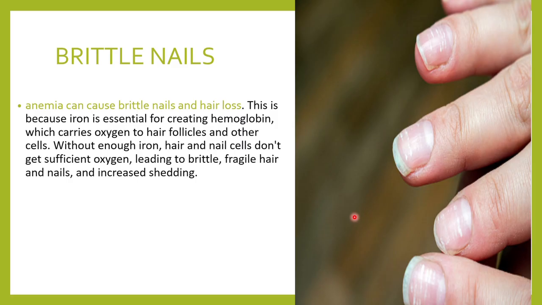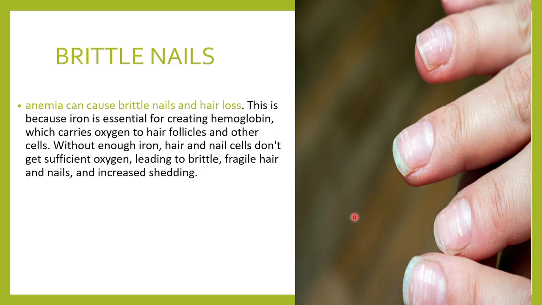Brittle nails. For your nails and hair to grow well, you require proper nutrition and oxygen supply. But in anemia, when the oxygen supply itself is hampered, the growth of the hair follicle and nail will be impaired. Hence this leads to brittle, easily breakable nails or easily breakable hair, leading to hair loss and increased shedding.